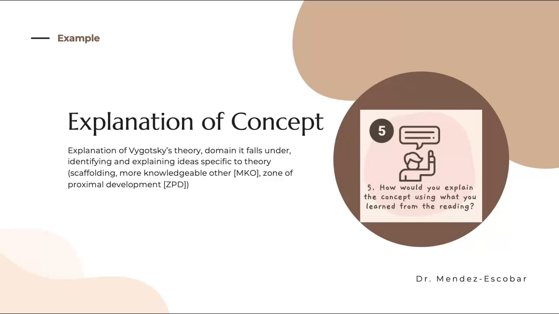You can also go on to say how Vygotsky's perspective was that learning happens within a social context, and moreover, how children learn with others. You're going to identify and explain specific ideas of the theory, such as scaffolding, more knowledgeable other, or MKO, and the zone of proximal development, ZPD.